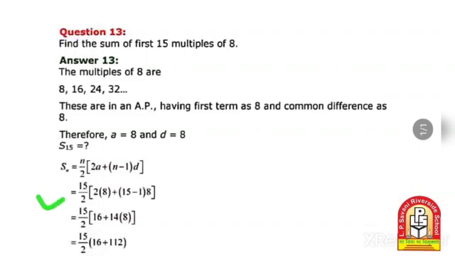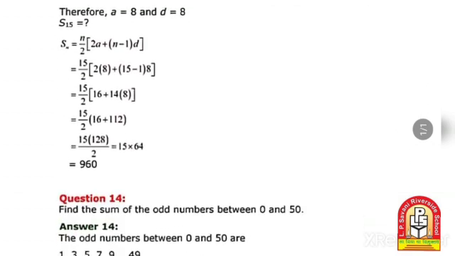S15 is equal to 15 by 2 into 2 times 8 plus 15 minus 1 times 8. So 2 times 8 is 16, 15 minus 1 is 14, and 14 multiplied by 8 is 112.